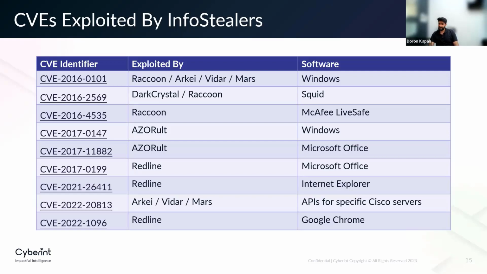So we can see over here that Raccoon, Otherworld and Redline are using CVEs. Let's talk about how the CVE structure looks. We have the CVE prefix, then the year of the CVE, and right after that, some number that identifies the CVE itself. We can see that they are using pretty old CVEs. So the main question is, why do they use those CVEs? The simple answer is because it works.